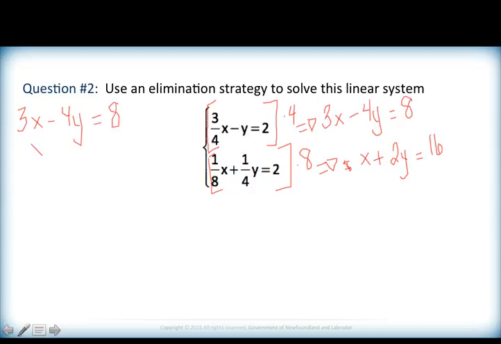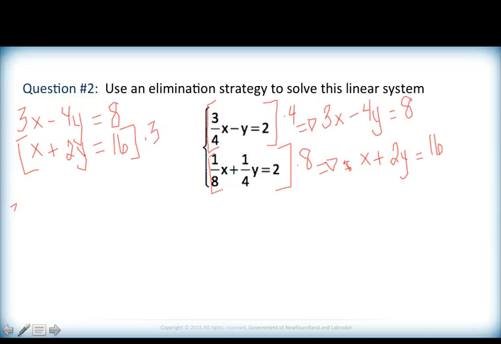Then we have x plus 2y equals 16. Now we have to try to get the x variables to be the same or the y variables. I'm going to multiply my second equation by 3 in order to get that x coefficient to be the same term.